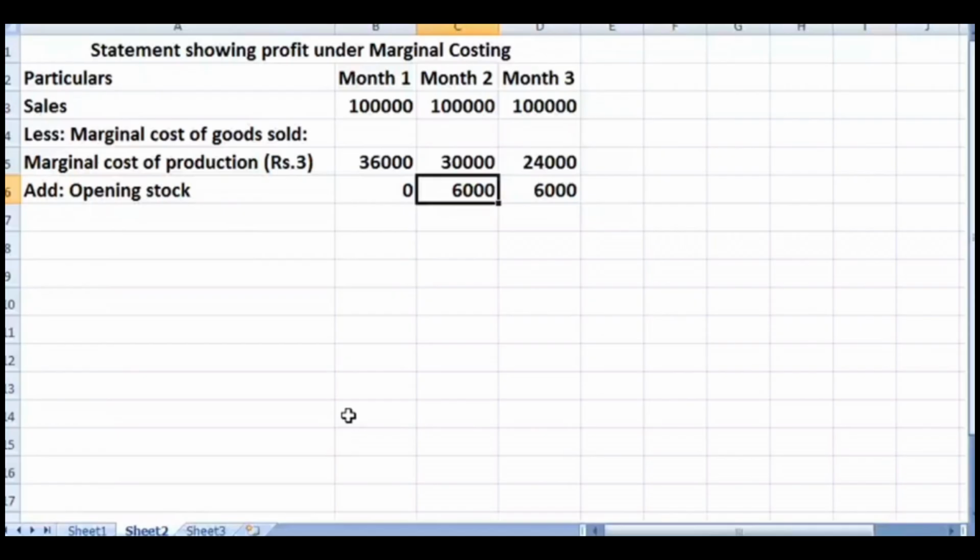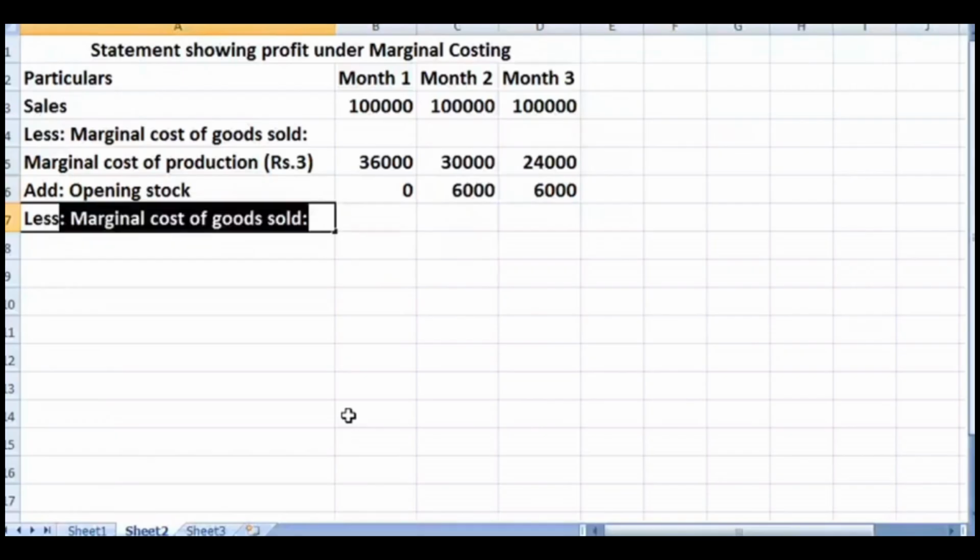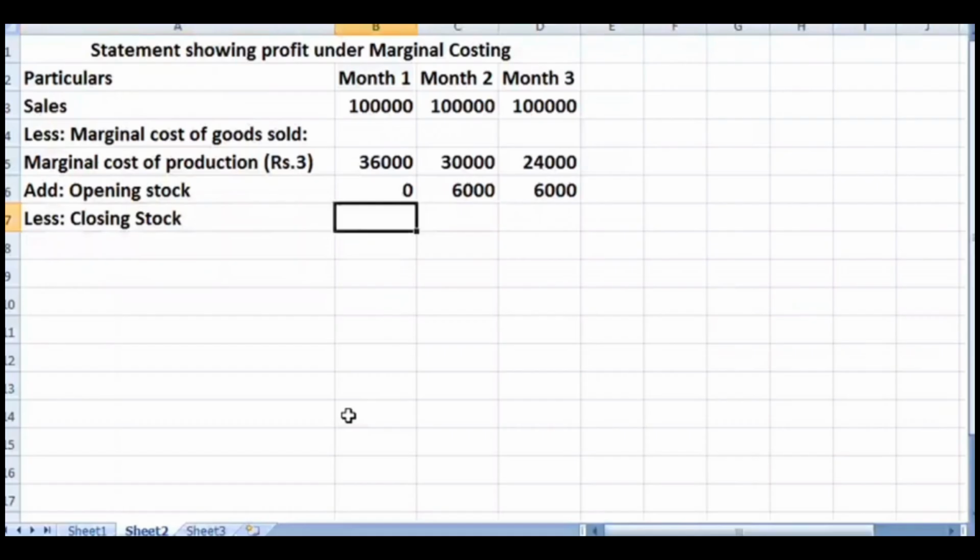Okay, and less closing stock. Closing stock is not given in the example. Opening stock is given, production is given, and sale is given.